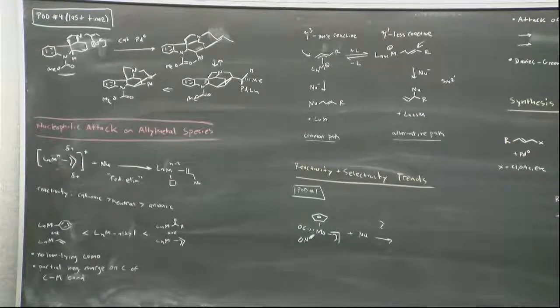Iridium, molybdenum, tungsten, and others have their own set of reactivity trends, and copper has its own unique set of reactivity trends. So we're going to focus most of today's lecture on reactions by palladium, but it's, of course, interesting and illustrative to compare it to reactivity of other metals as well.